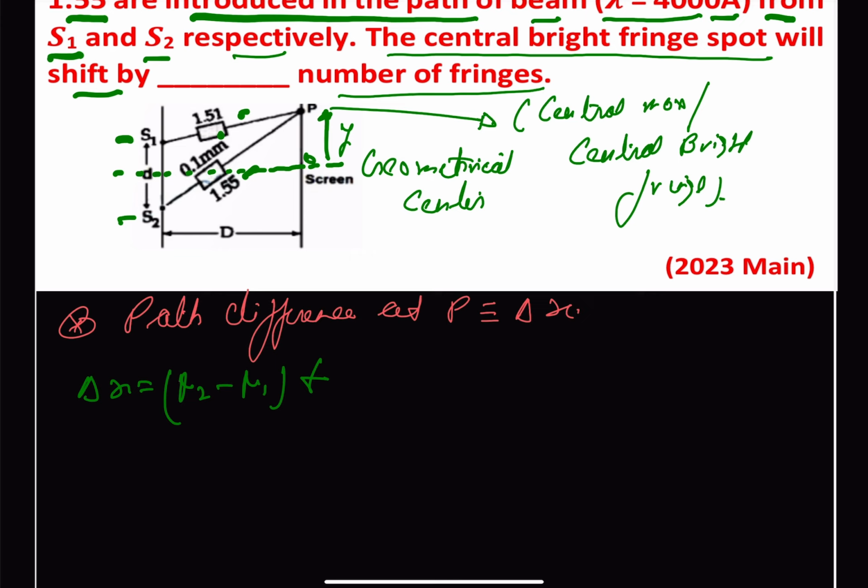These values are given to us. So mu2 is 1.55 minus 1.51 and thickness is 0.1 millimeter.